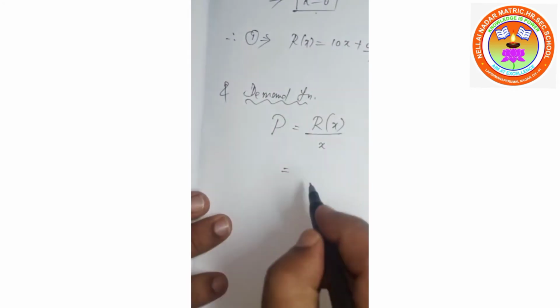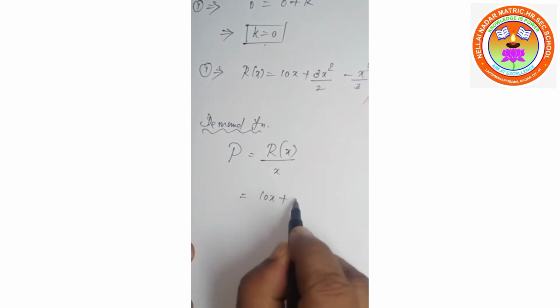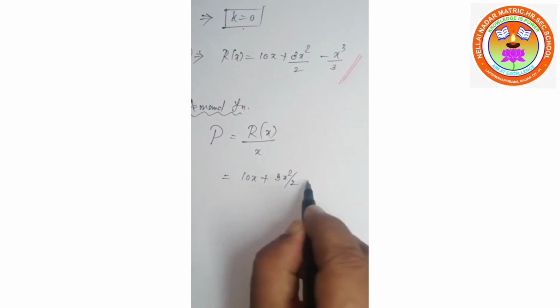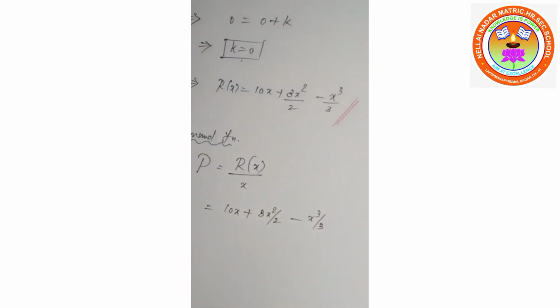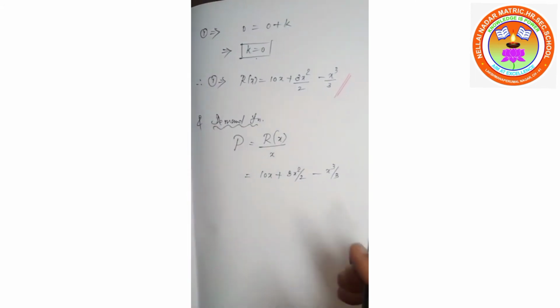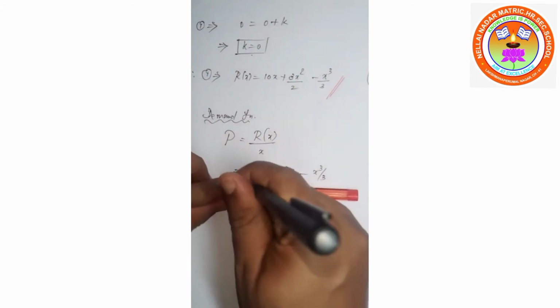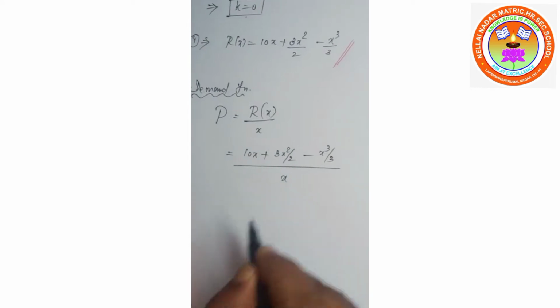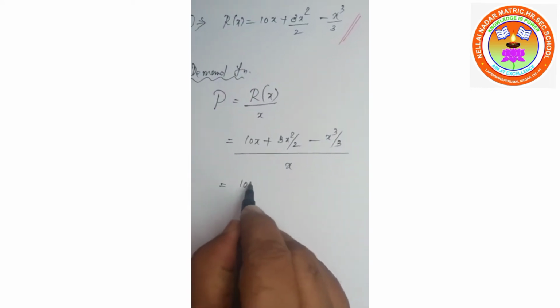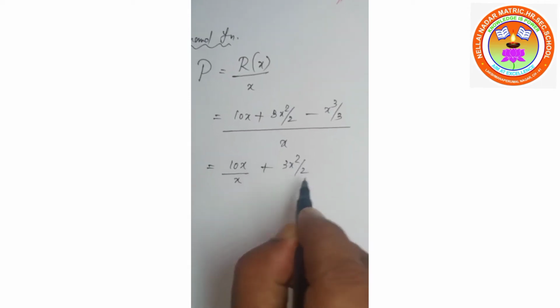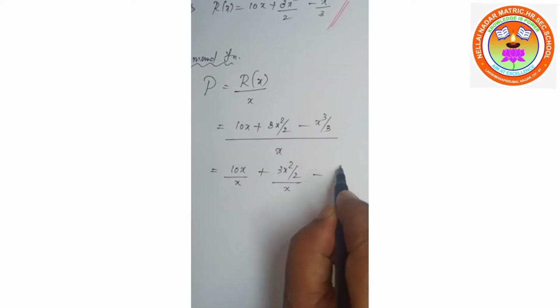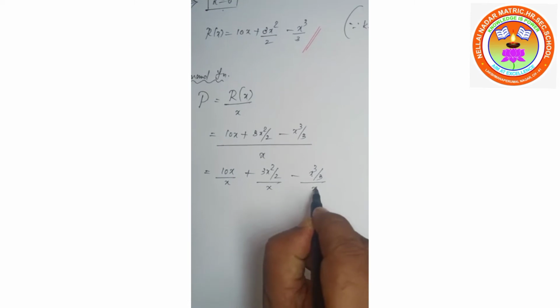R of x can be replaced by (10x plus 3x squared by 2 minus x cube by 3) whole divided by x, which equals 10x by x plus 3x squared by 2 by x minus x cube by 3 by x.